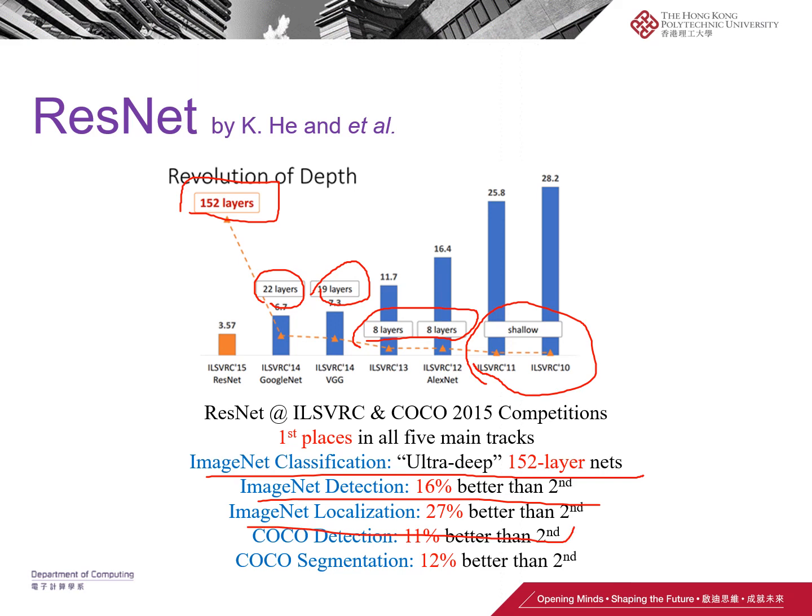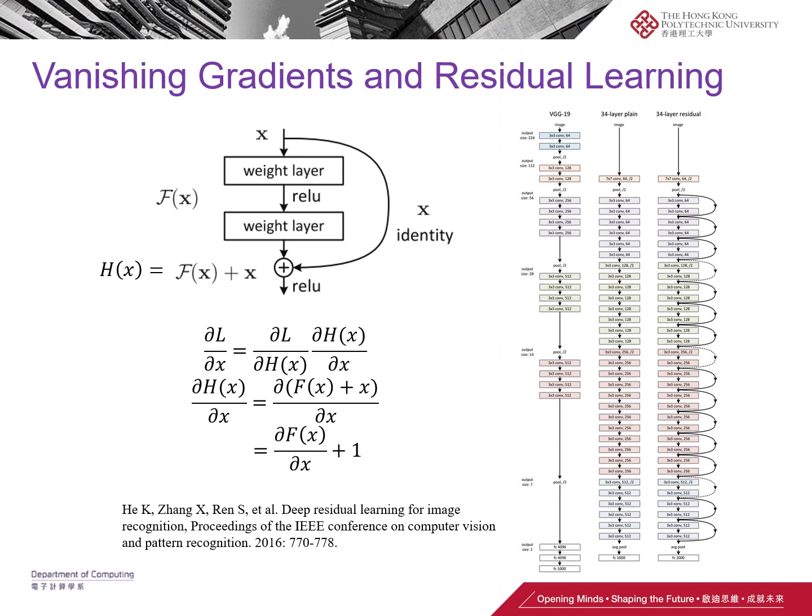The reason is that ResNet has solved one problem called vanishing gradients, and the residual problem. So that's the reason it's called residual neural networks as well.